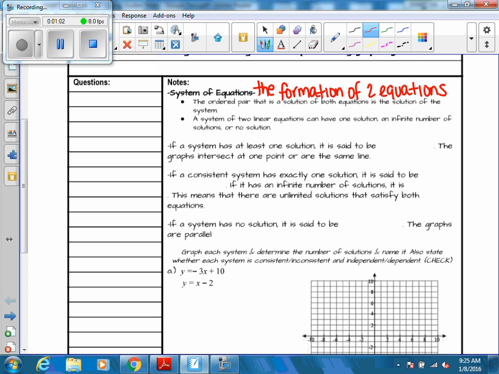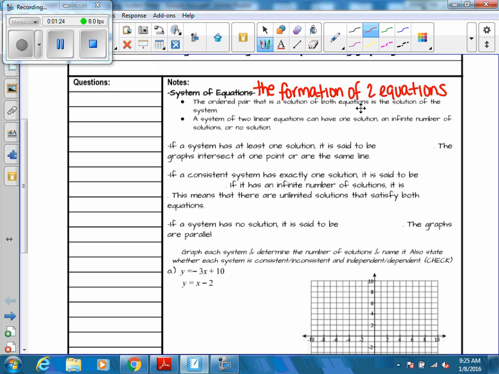So if I look at the first part, it says the ordered pair that is a solution of both equations is the solution of the system. And that'll make a little bit more sense when we look at our examples. It says a system of two linear equations can have one solution, an infinite number of solutions, or no solution at all. And we're going to look at each specific case.